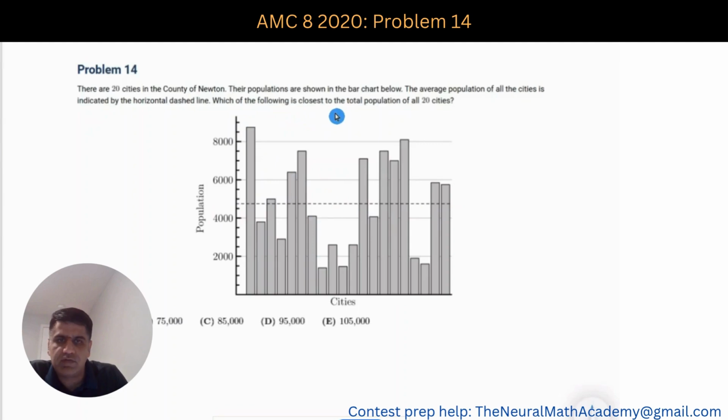Which of the following is closest to the total population of all 20 cities? So what we can do, we can simply take the average and multiply by 20. That's all that we have to do in this problem. The other option could be to take the population for each city and then add that up, but that's very time consuming. So let's do it in the faster way.